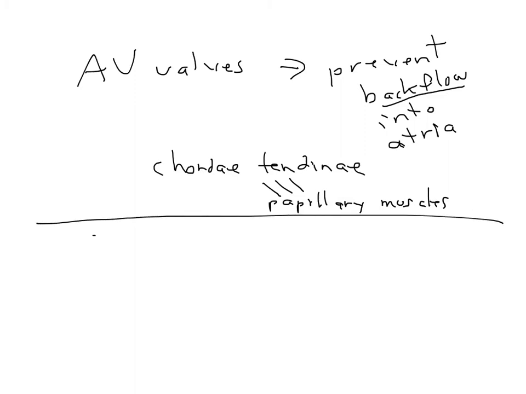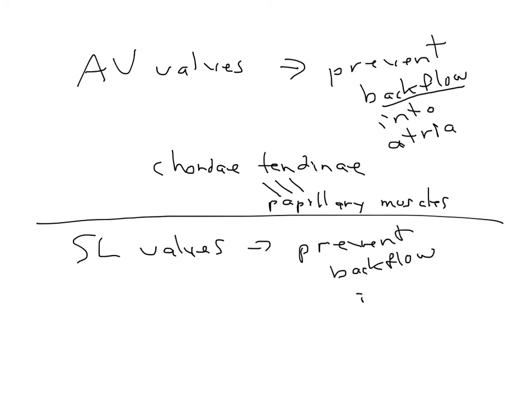Your other valves are your semilunar valves, and they prevent backflow of blood from the greater blood vessels back into the ventricles. These do not have chordae tendineae. They close by the process of gravity.